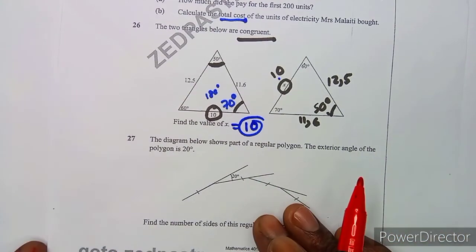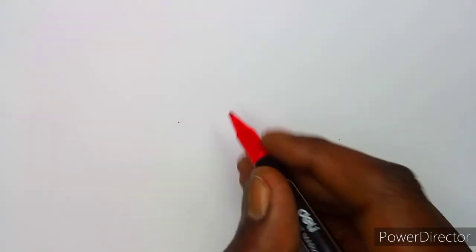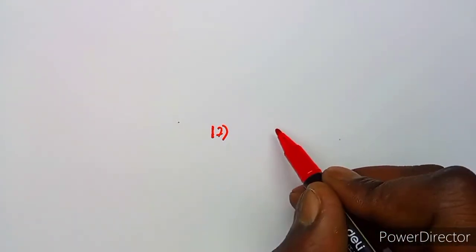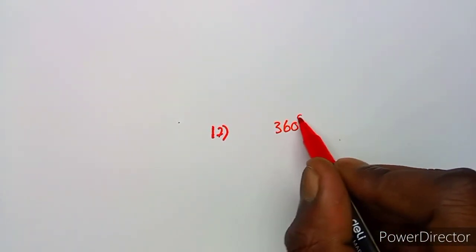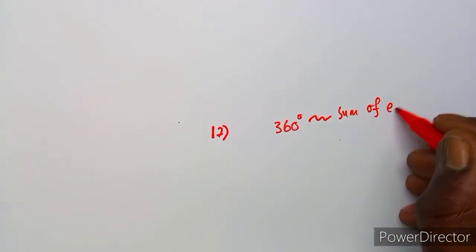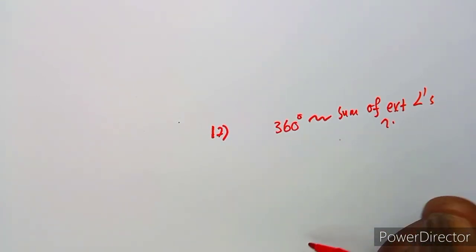Why? Because I simply know that the exterior angles of a regular, or even of a non-regular polygon, add up to 360 degrees. This is for the sum of exterior angles. We know that they add up to 360 degrees.